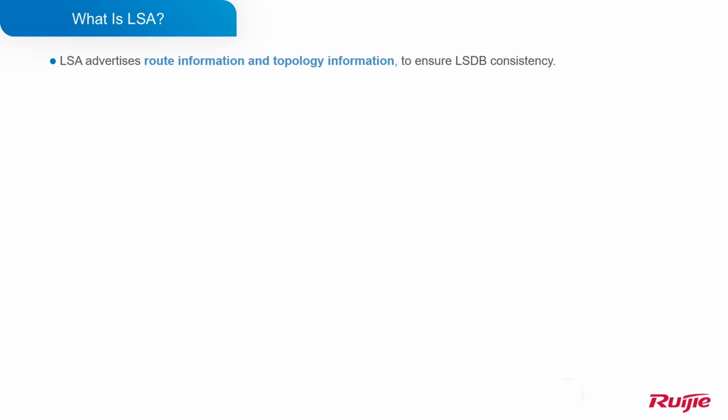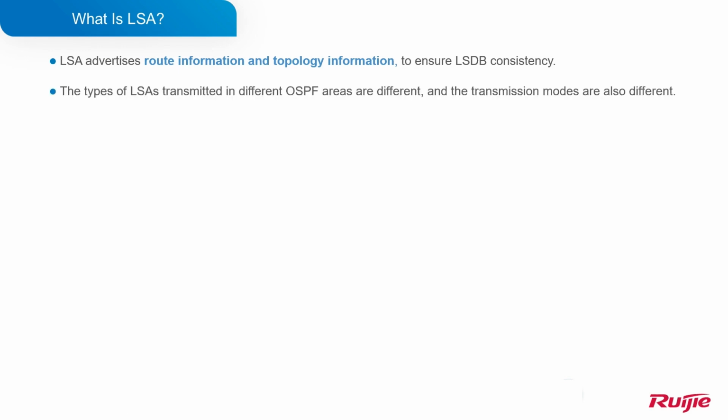The LSA is the route information and topology information. The types of LSAs transmitted in different OSPF areas are different, and so are the transmission modes. In different areas, like the backbone area, non-backbone areas, and the different special areas, we transmit different types of LSA information.